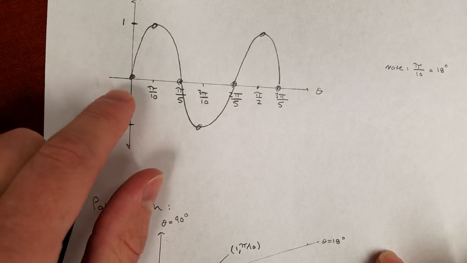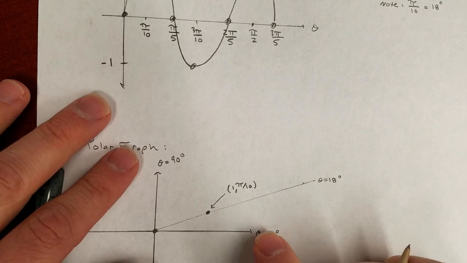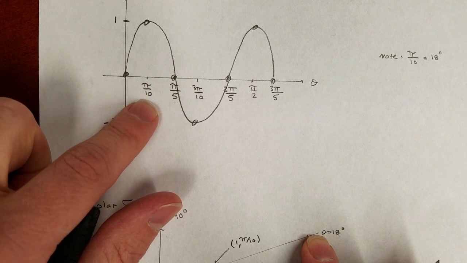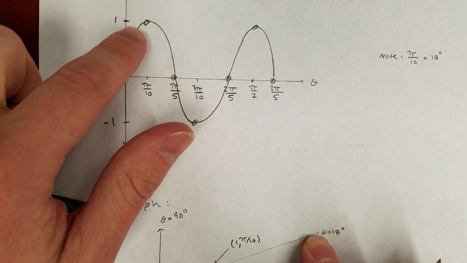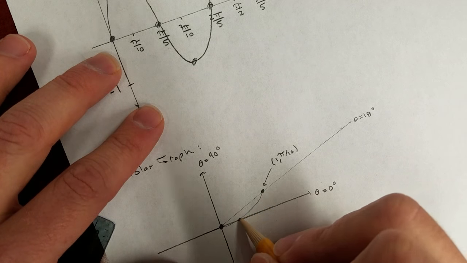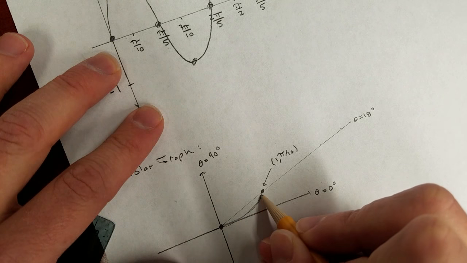Now, what it says is that as theta increases from 0 to 18 degrees, r very gradually goes from 0 to 1. So we would get an arc, something like this.